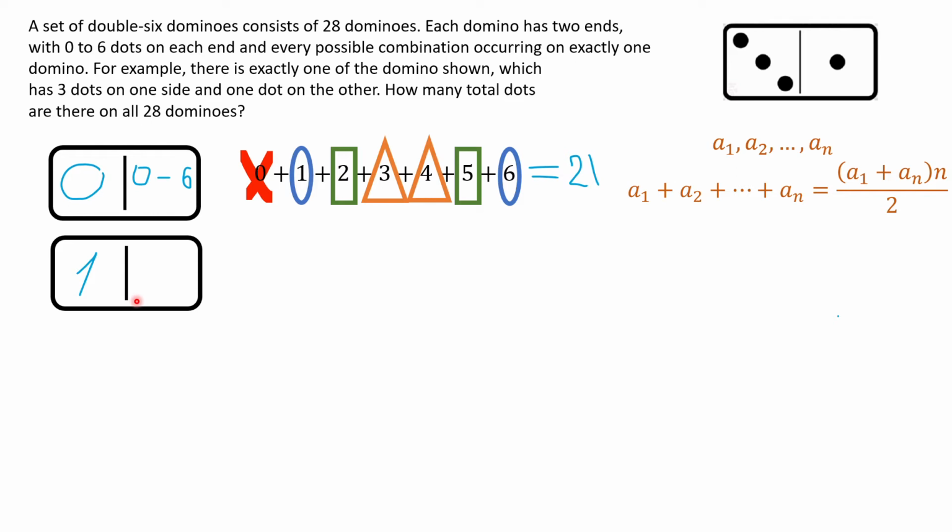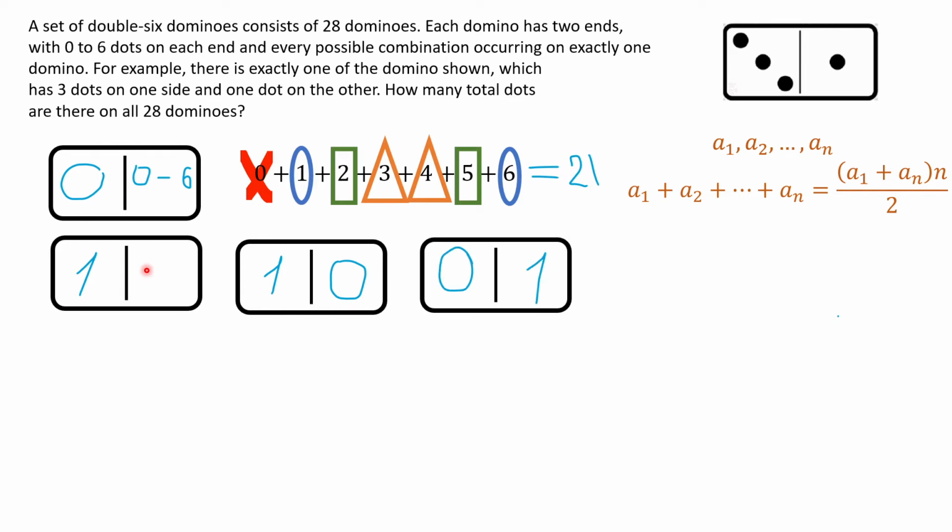That seems to be the way to go, but we have to be very careful, because if you start from 0 on the right side, we're going to count a domino that looks like this, 1, 0. But this domino is exactly the same domino as domino 0, 1.